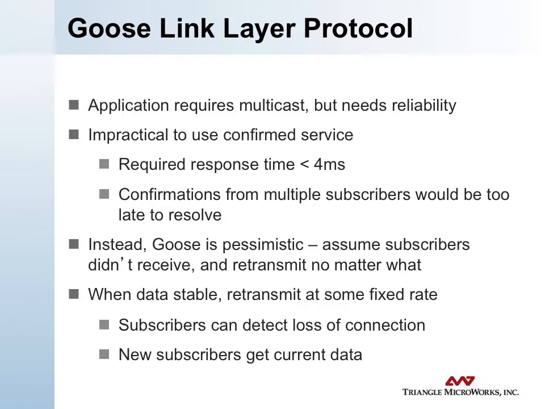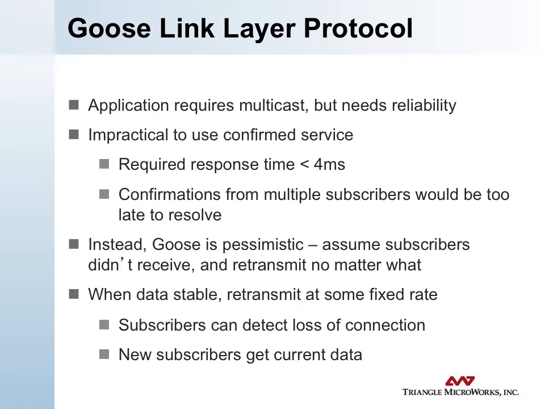So instead, after some work within the UCA community, we came up with the idea of being essentially pessimistic. We assume that the subscribers didn't receive the data, and we go ahead and retransmit it as if they had not received it. When the data is new, basically we retransmit very quickly to be able to meet the timing requirements that we had.